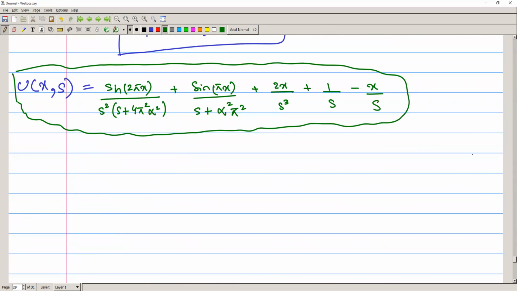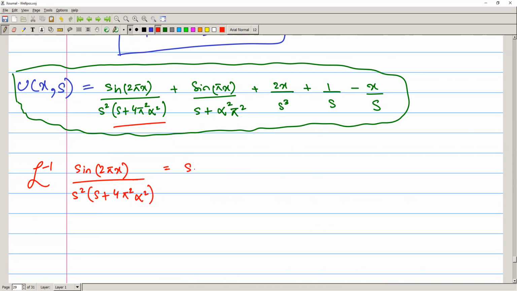We will apply the inverse transform for each element, so it will be easier. Let's say that we are finding the transform of this one. So the inverse transform of sine 2 pi x over s squared into s plus 4 pi squared alpha squared.